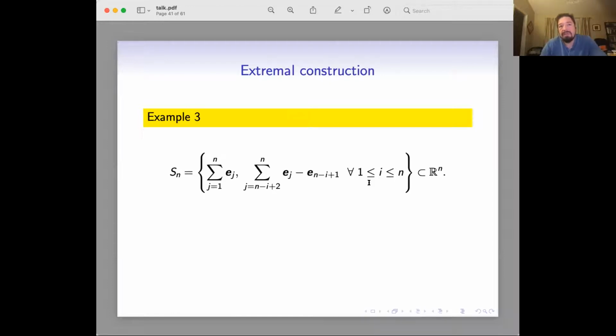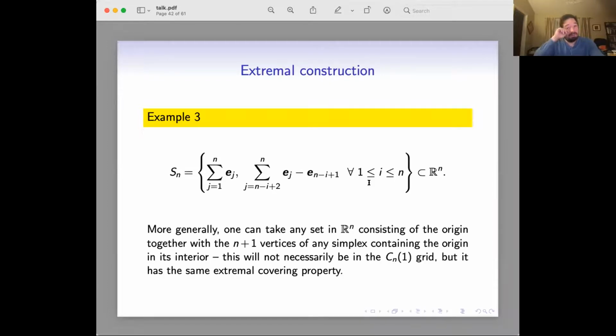Both of these examples are actually special cases of a more general thing. I can take the vertices of any simplex containing the origin in its interior.